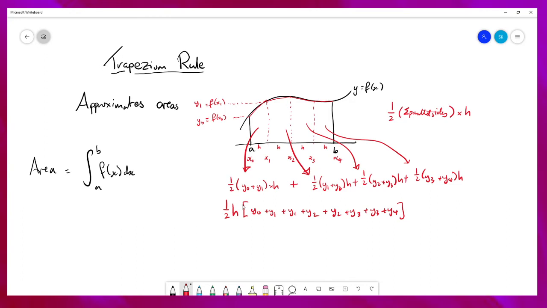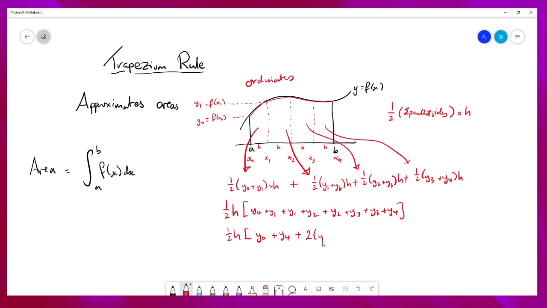We can also simplify this bracket here. We can see that all of these middle y values, which are known as ordinates, double up. The first one, y0, which remember is a, and the last one, y4, which is b, are singles.